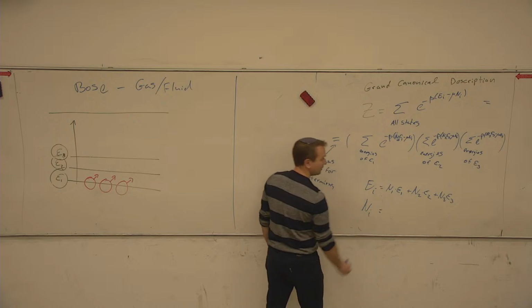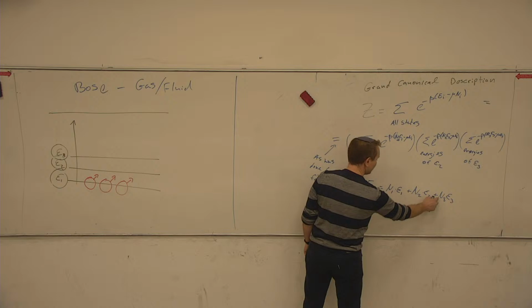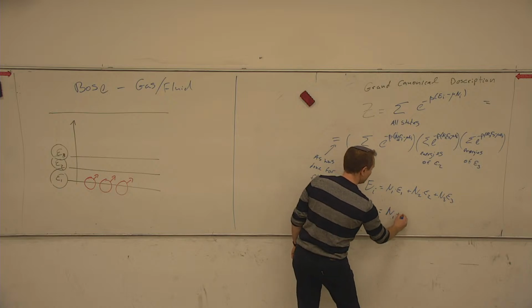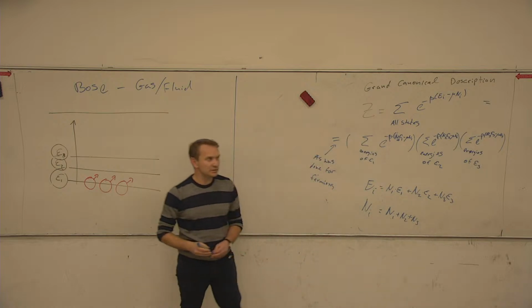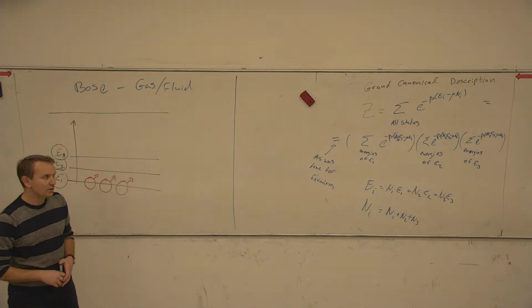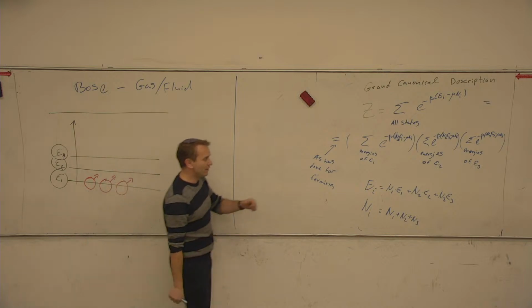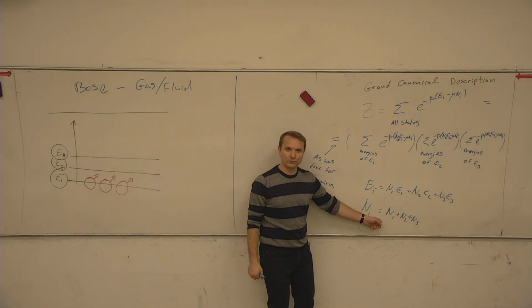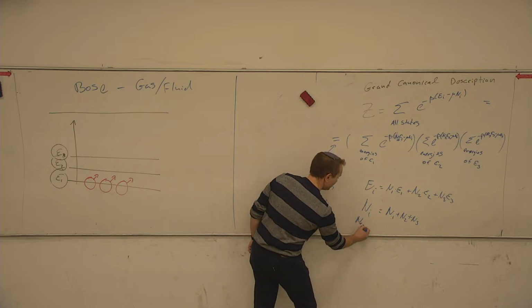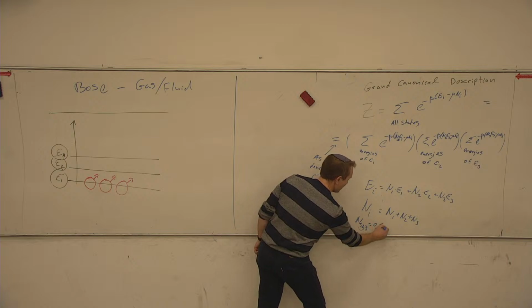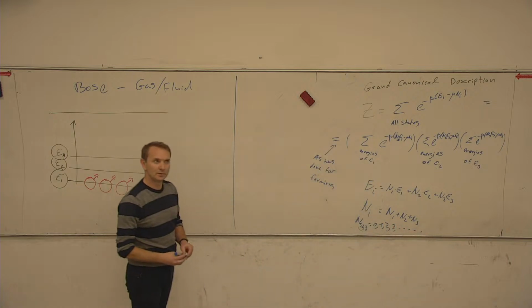I also describe the number of particles explicitly, which is n1 plus n2 plus n3. Now for fermions, n1, n2, and n3 could get only the numbers 0 or 1. Here they can get 0, 1, 2, 3, 4, 5, 6, 7, etc.